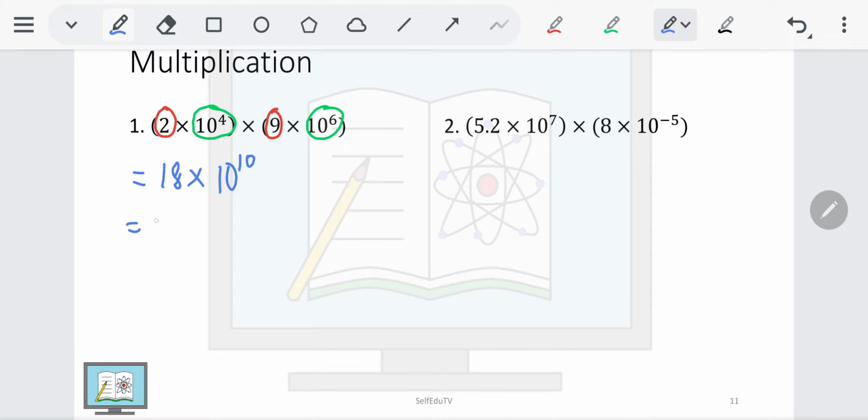So change it to standard form. So actually it's easier compared to addition and subtraction. So you may try number 2.